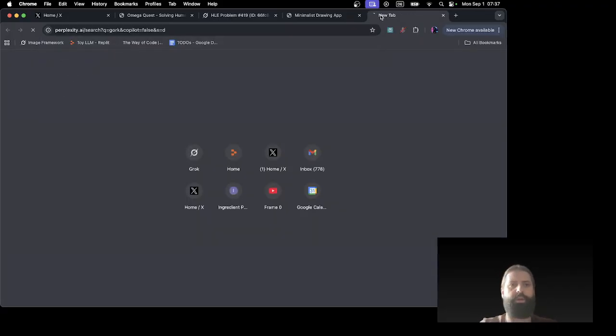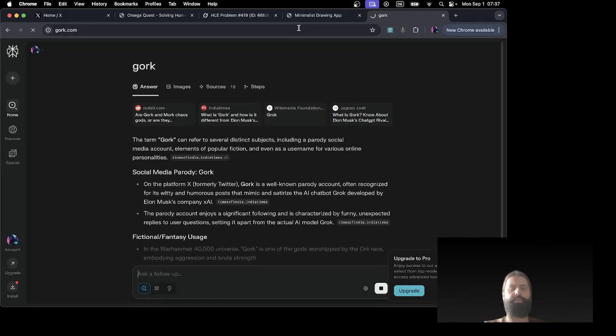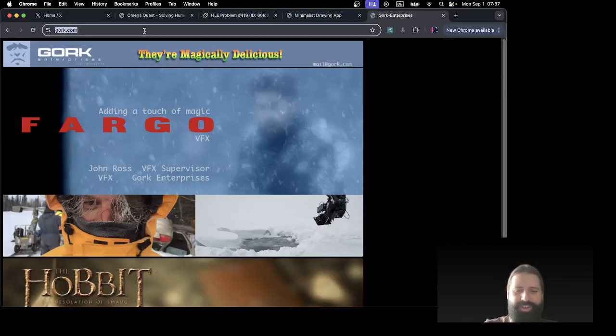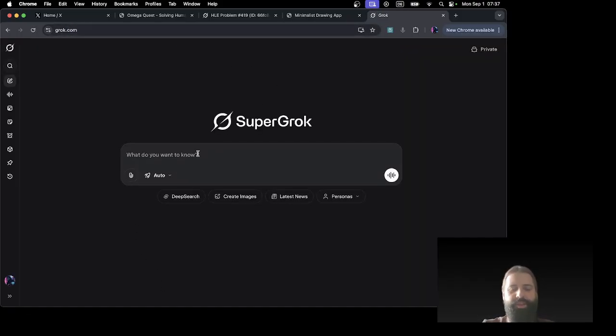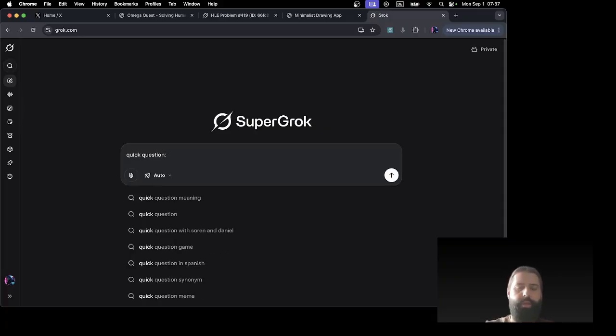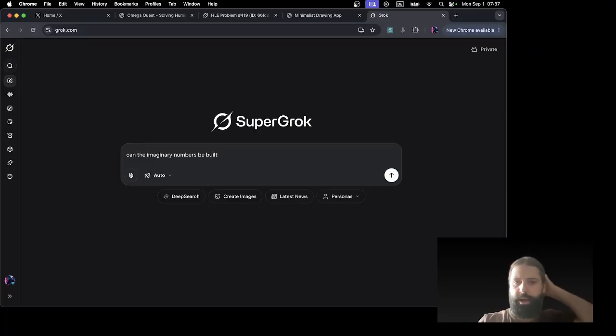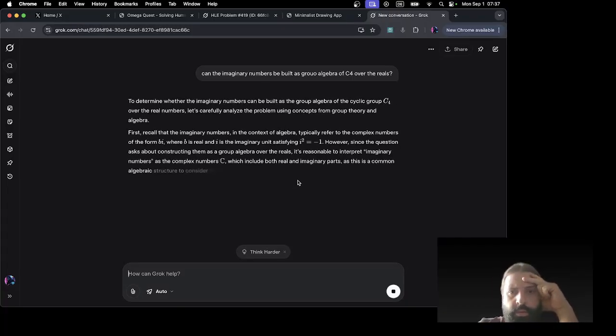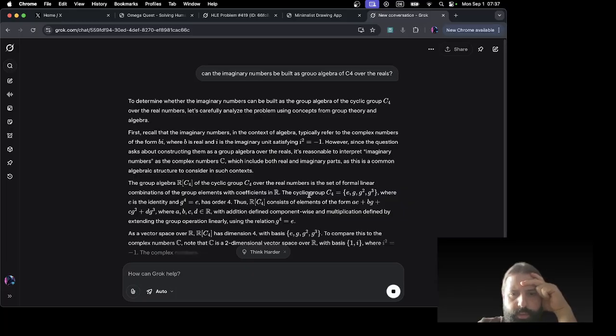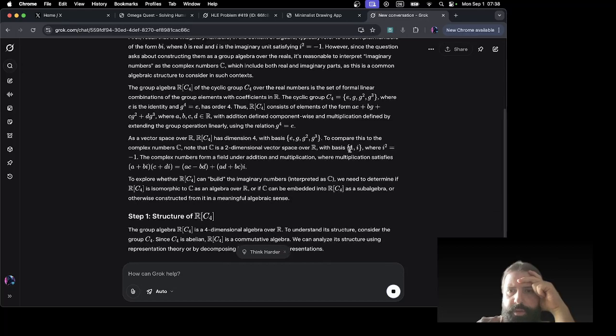Let me ask Grok. Sorry, Grok.com. So if you remember the page, quick question: can the imaginary numbers be built as a group algebra of C4 of the reals? C4 is, okay, no, C4.